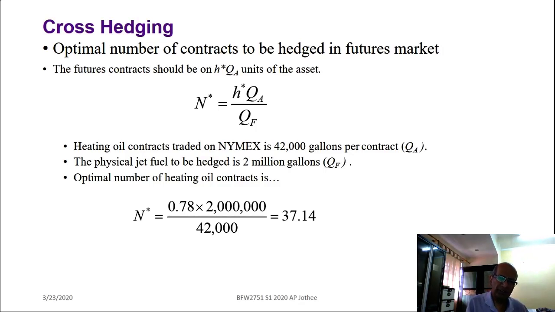So 0.78 times 2 million divided by 42,000, you get 37.14. Usually about 37 contracts.